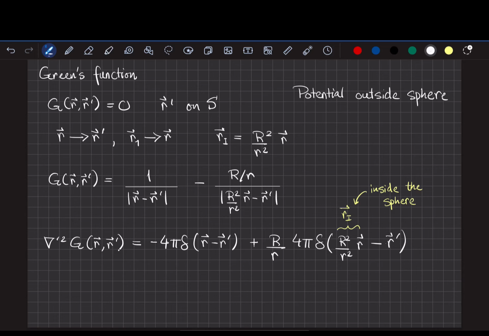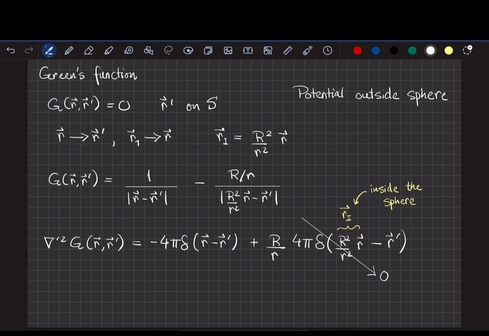It can never be equal to r prime because r prime in our integrals is either on the surface S or inside the volume V. So basically r prime is either outside the sphere or on the surface of the sphere, while Ri is inside the sphere.